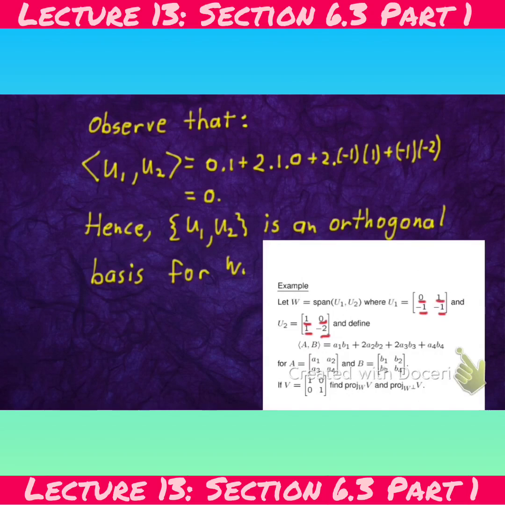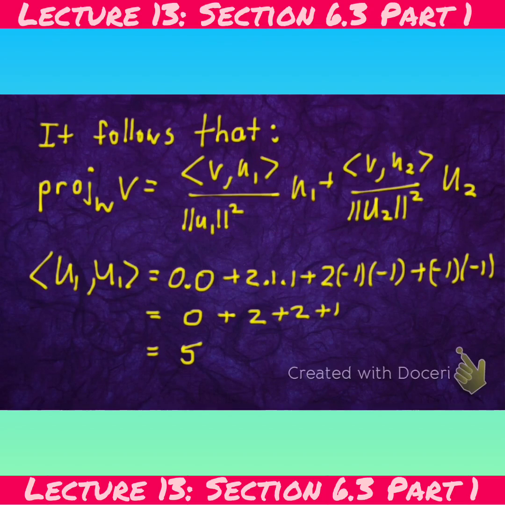So that all adds up to 0. So u1, u2 is an orthogonal basis for W. It follows that the projection of v onto W by definition is going to be this linear combination. This follows straight from the previous theorem, where v is that vector there, and u1 and u2 come from the orthogonal basis.